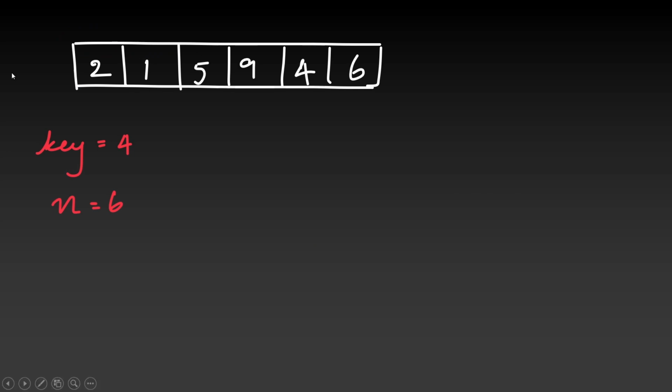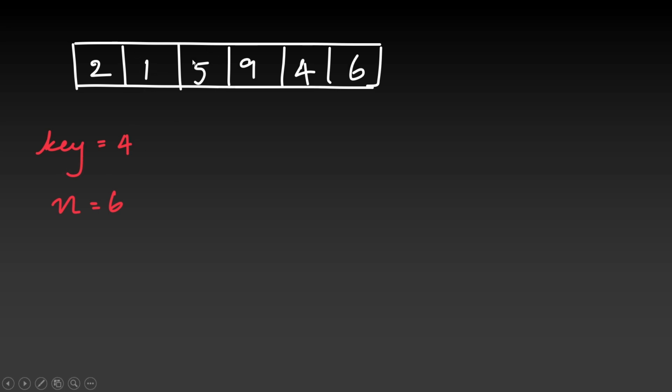So we have this example here with the array, the size is 6, and here the key, which is the element to be found, is 4. Firstly, we set flag to be 0, and the iterator also starts from 0. For a of 0, which is 2, we check if 2 is equal to the key, which is not true. Then we go to the next element, a of 1, which is 1, again not equal to the key.